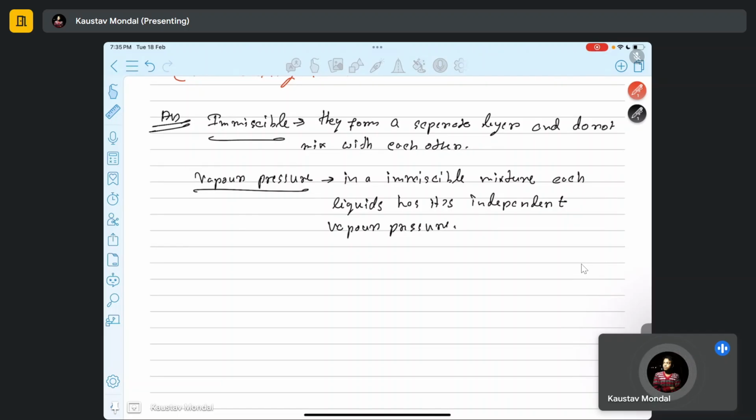Next is the boiling point of the mixture. This is also an important thing, right? In case of an immiscible mixture, the concept of boiling point is also very important. So in the mixture, what happens?